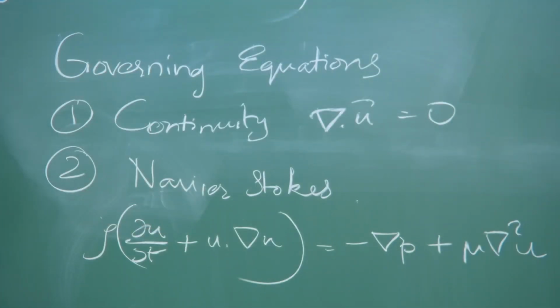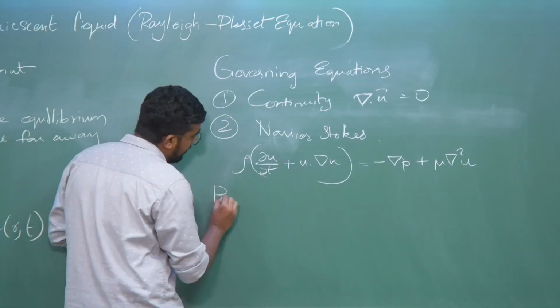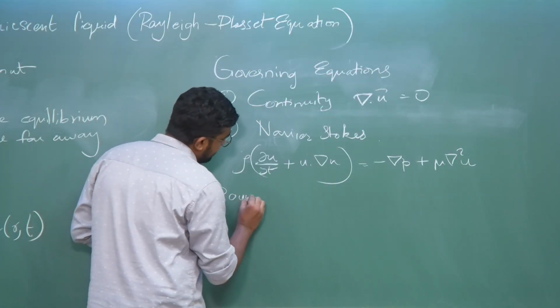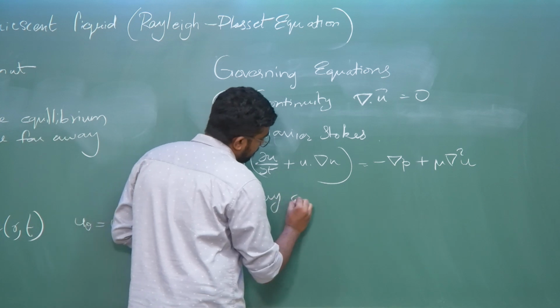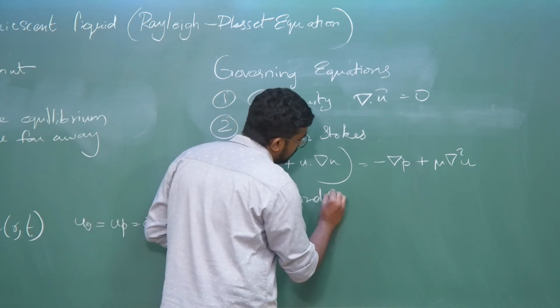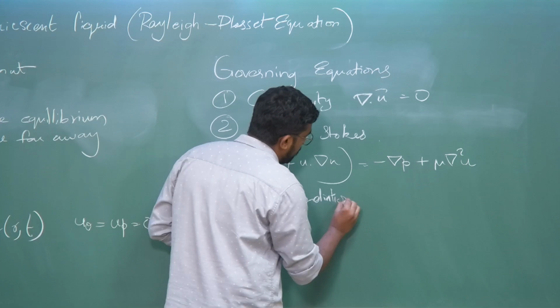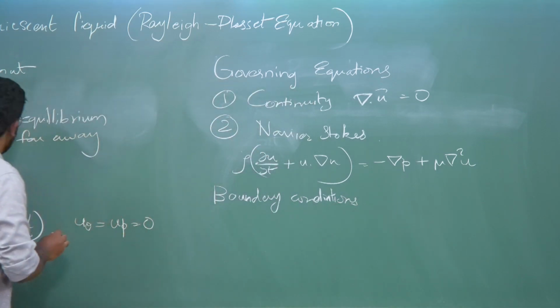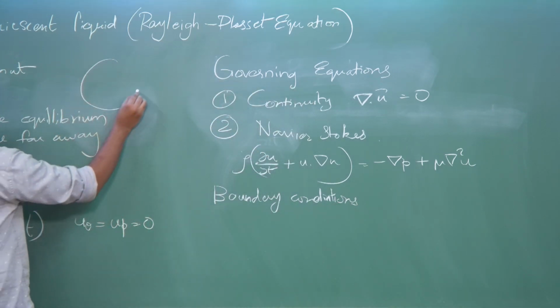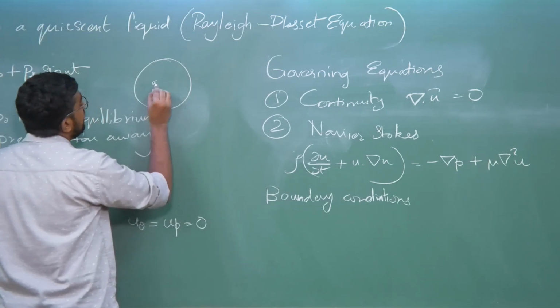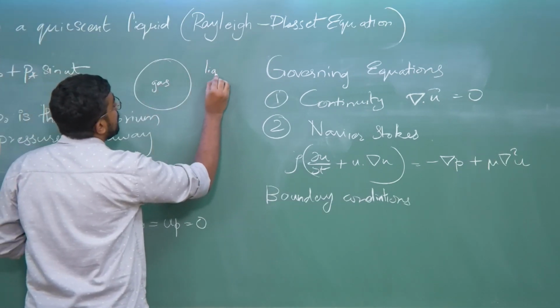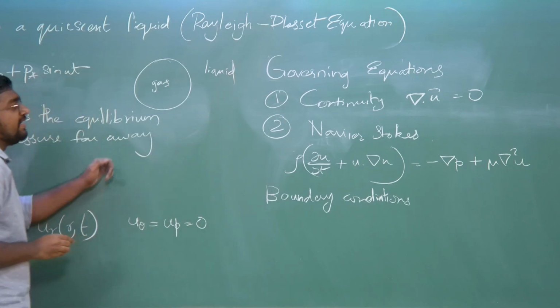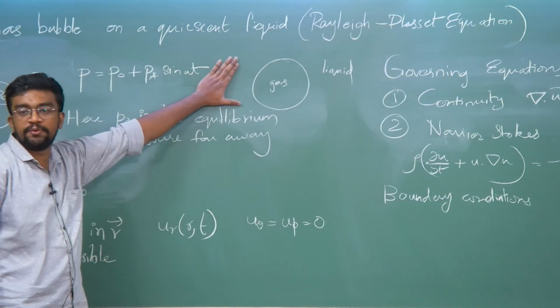Boundary conditions: so far, what boundary conditions have you learned for two phase systems? Suppose you have two phases like this, a gas bubble, there is gas and liquid. At the interface, what boundary conditions do you know?